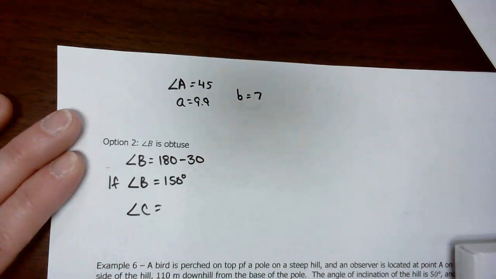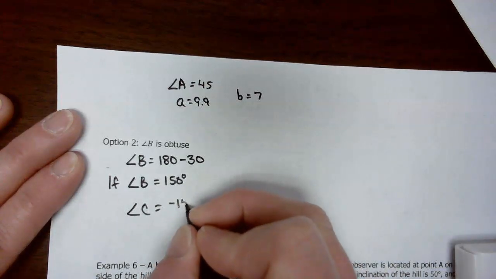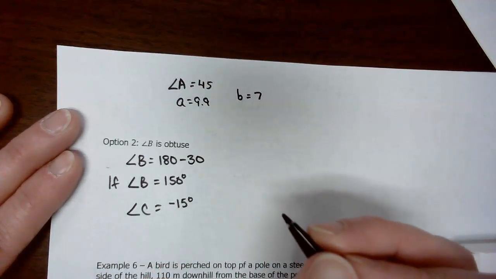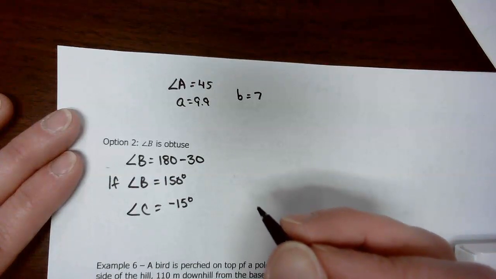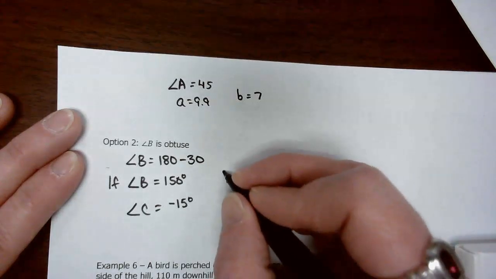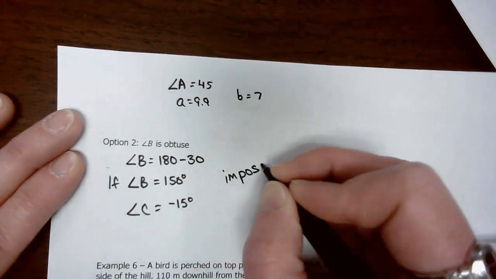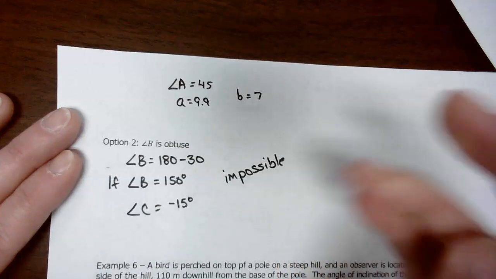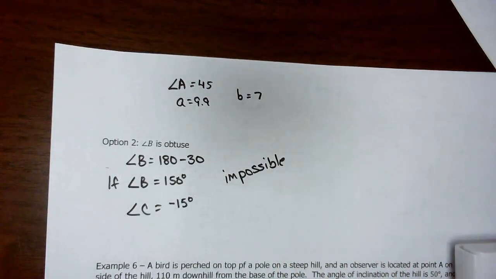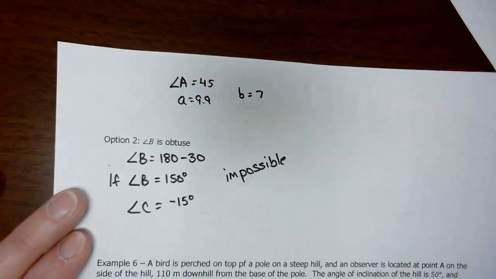So it'd be 180 minus 45 minus 150. I got a negative 15. Can that happen? No. So this is impossible. We could draw 2 triangles, but this one just didn't work. So there was only one option for this.